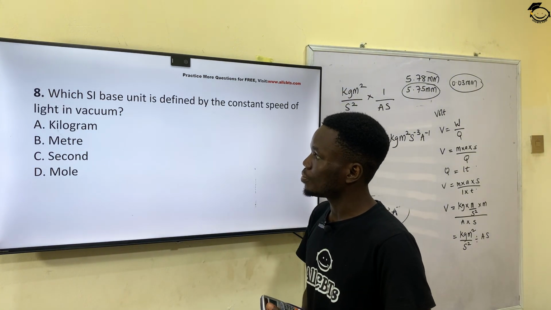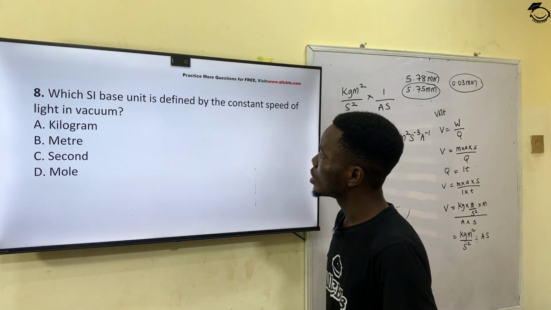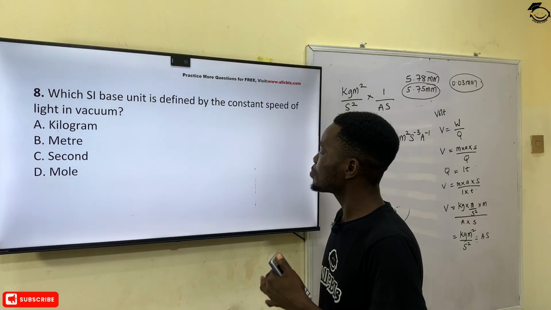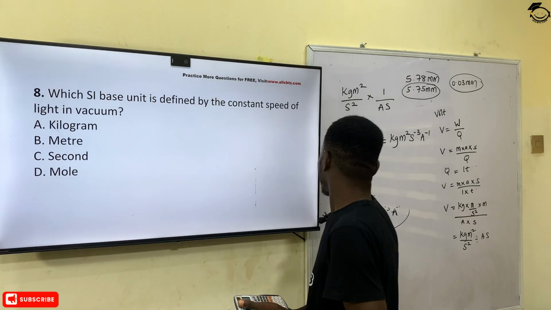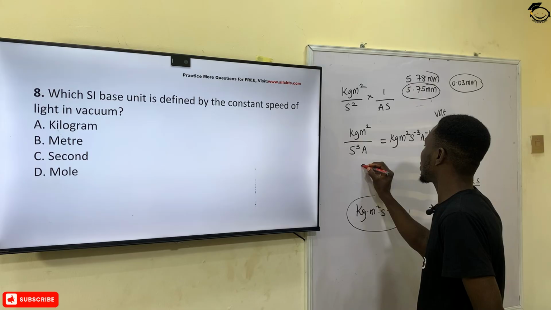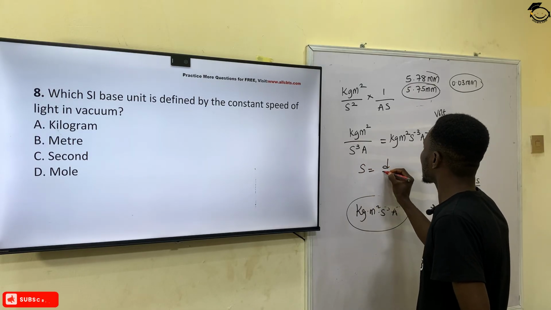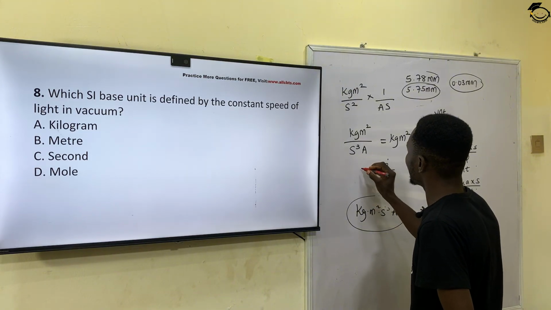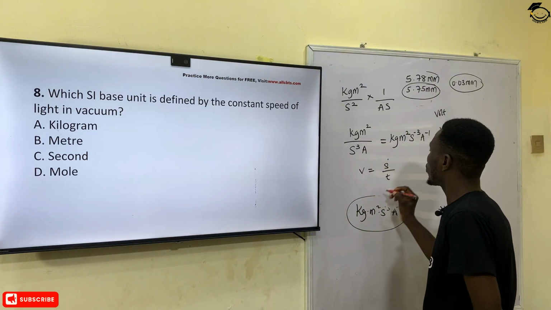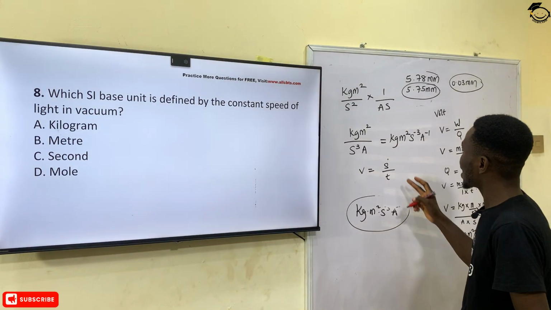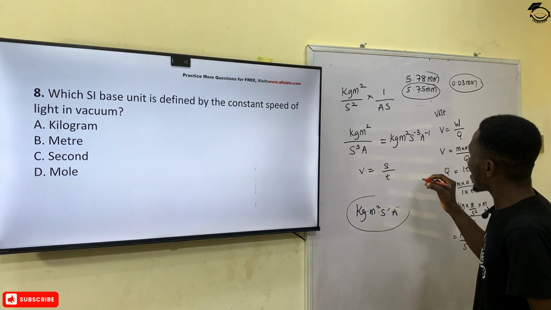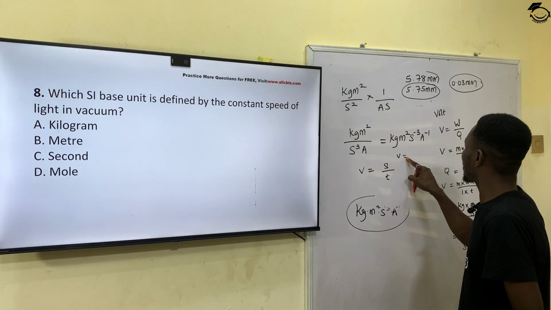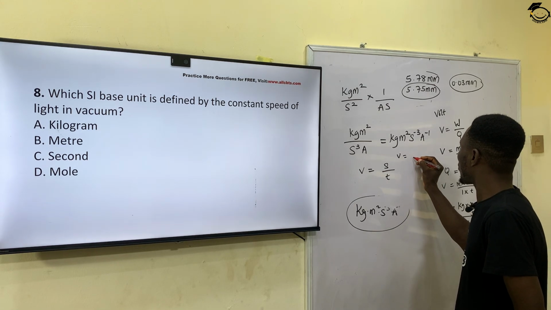So that is also question number 8, which says, which SI base unit is defined by the constant speed of light in vacuum? Now we know that speed of light, or speed generally, is equal to distance over time. So my speed, which is also velocity, is the rate of change of distance.